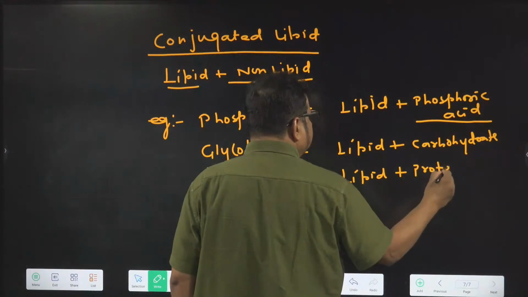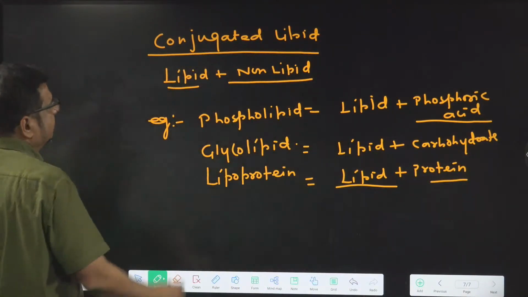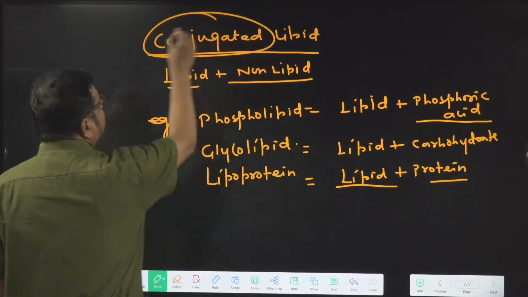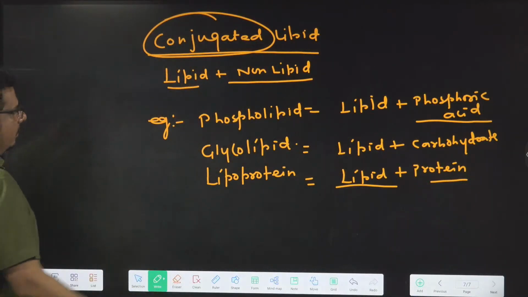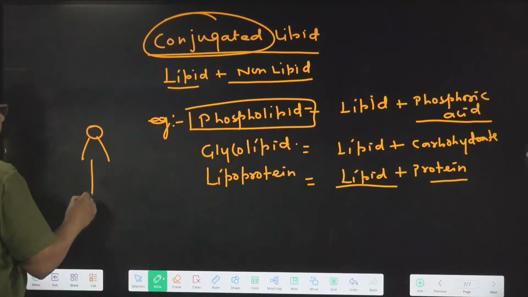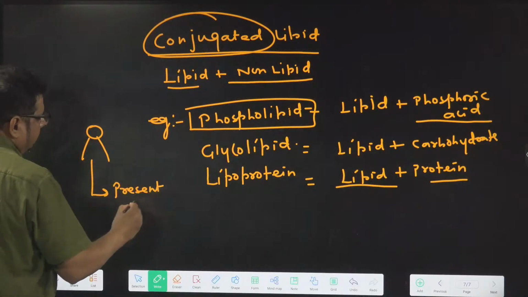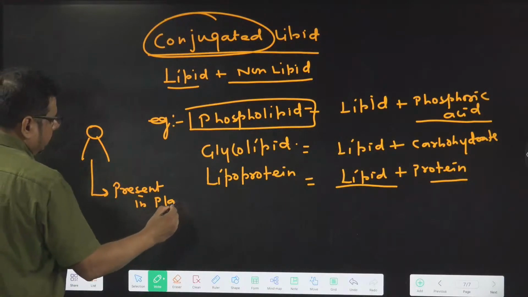So when along with the lipid component a non-lipid component is also present, such a lipid is called conjugated lipid. And you are well aware of phospholipids. These are present in your plasma membrane.